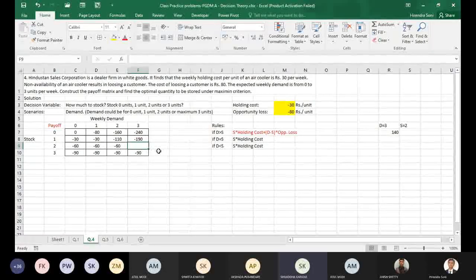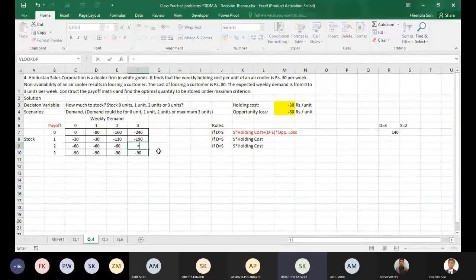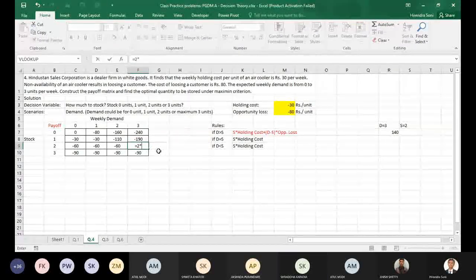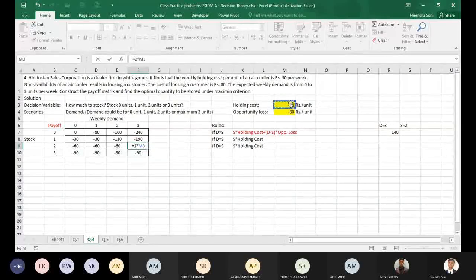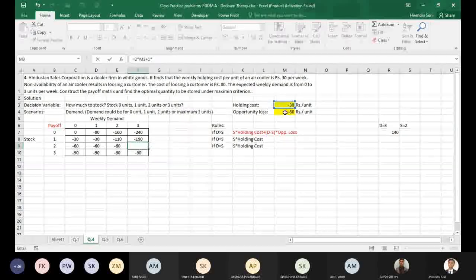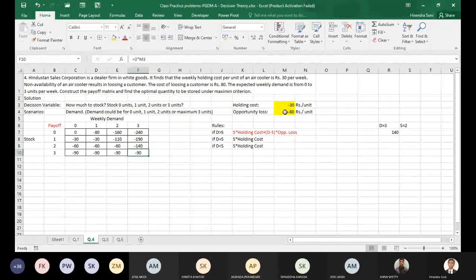So holding cost for 2 units and opportunity cost for 1 unit, right? Perfect. Clear?